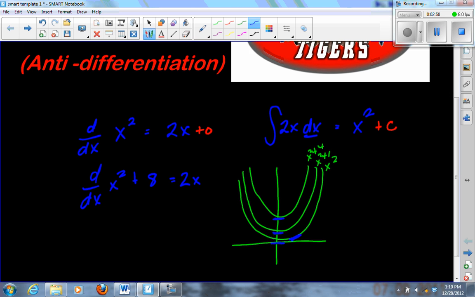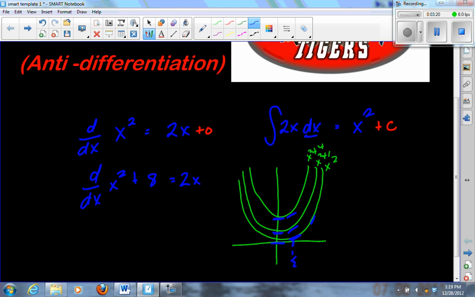Now, look here. The slopes here are all the same also. So at this particular x-coordinate, the slopes are all 2x. Let's say this is x is 1, or 1/2, or something like that, whatever x-coordinate you're on. 2 times a half would give me 1, and same here, same here.